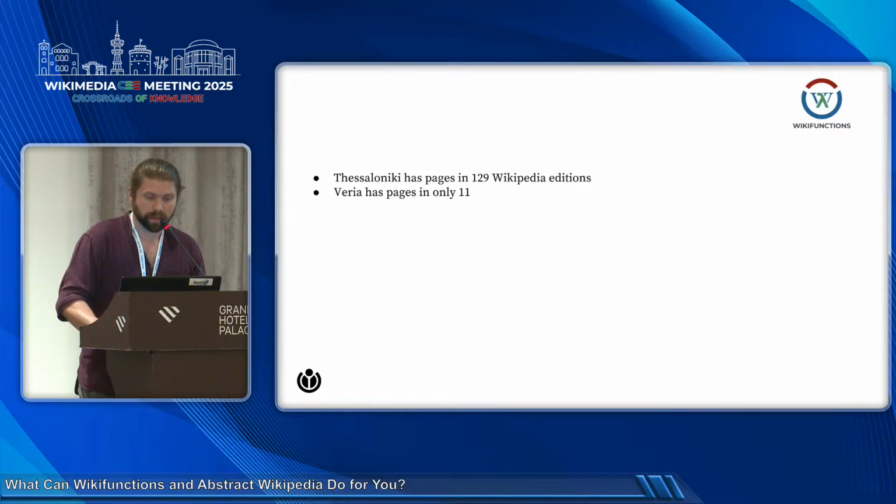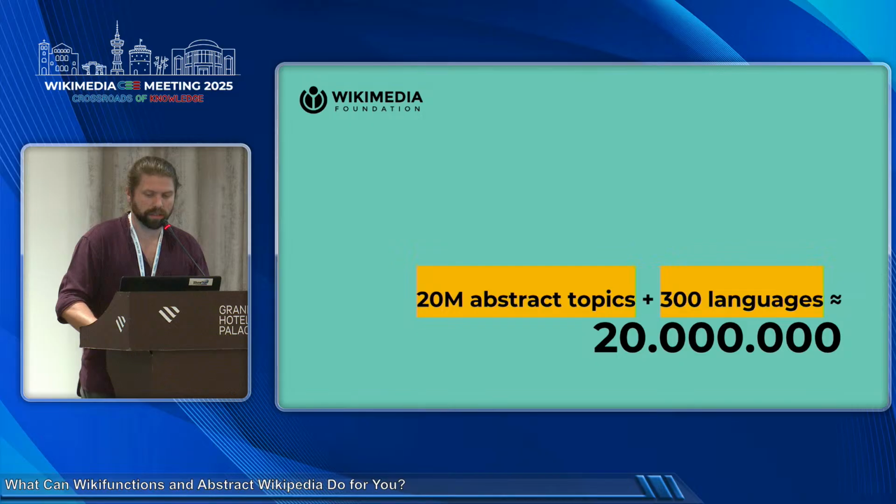Thessaloniki is pretty well covered, relatively speaking. It has pages in 129 Wikipedia editions. That's a good amount, but it's still not even half of all Wikipedia editions. If you look at other things, like other cities in Greece, you have Veria, which only has pages in 11 different languages. So we know this: coverage differs among language editions.